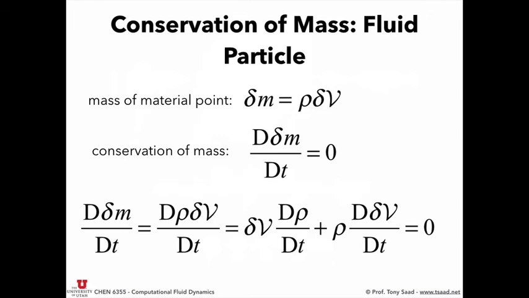Many textbooks will omit this guy, but we're not going to omit it because this has a very important meaning. This d delta v by dt is the rate of change of the material volume. So the volume may expand, may change size. It may be the same, but the shape of the volume may change. So this delta v changes in time based on what? We're going to show, this will be one of your homework assignments.